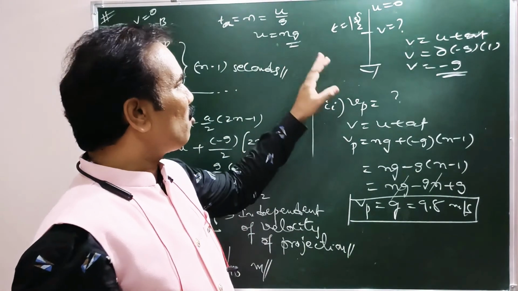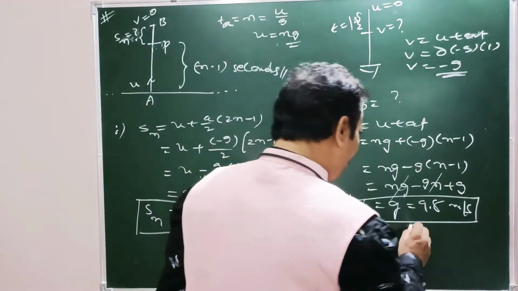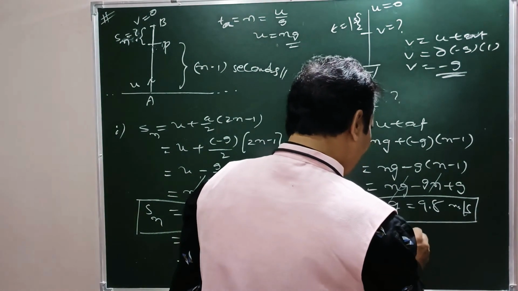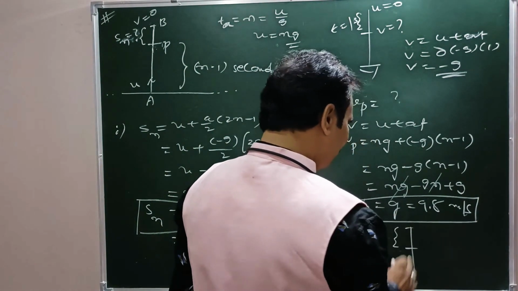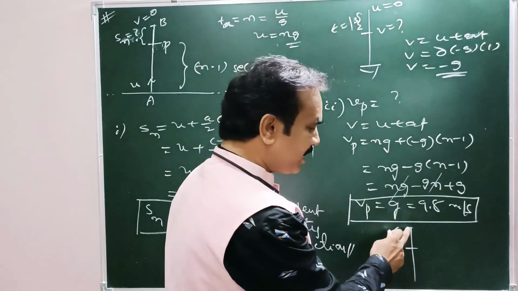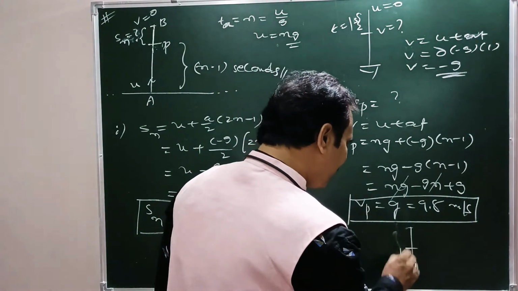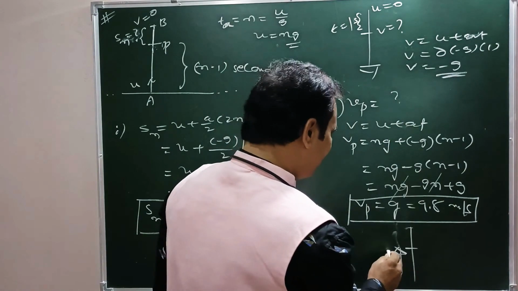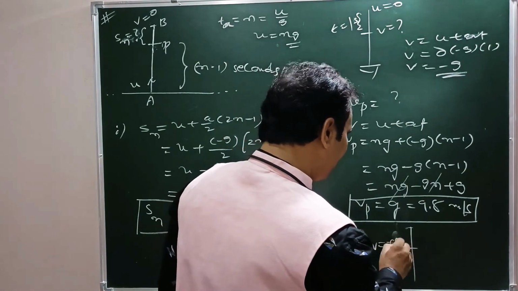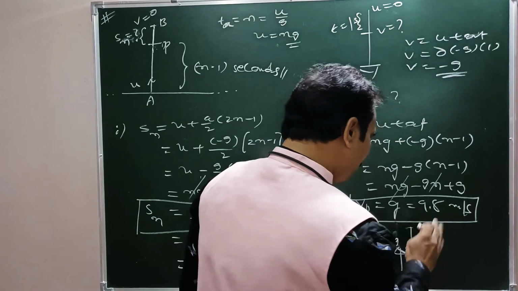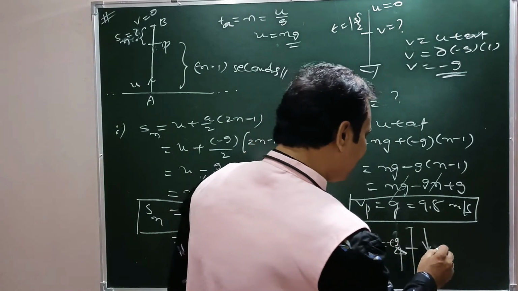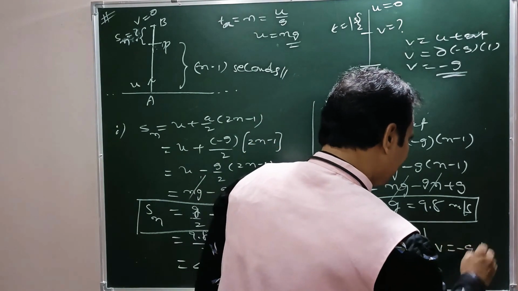So during upward motion, in the last second, just before 1 second, whatever the speed here, that is v equals plus g. During downward motion, 1 second after free fall, the velocity is minus g.